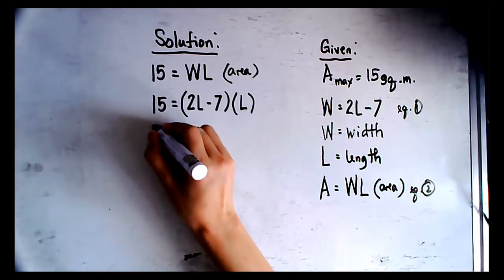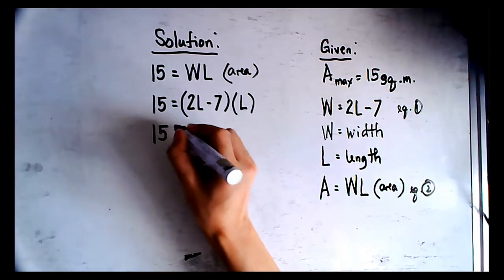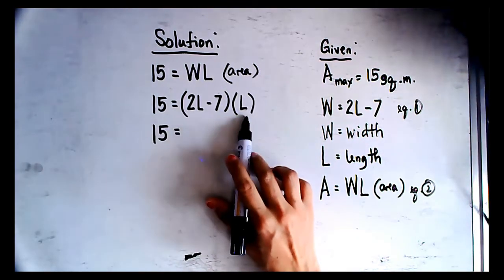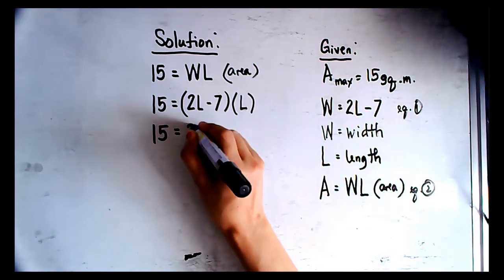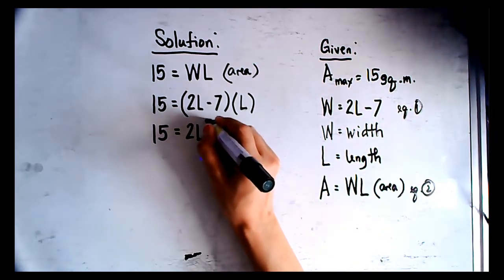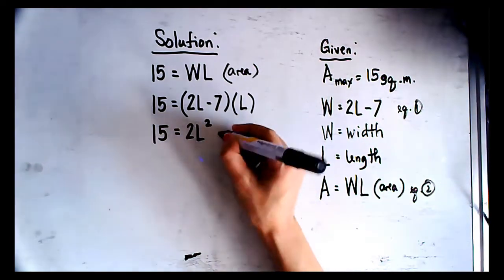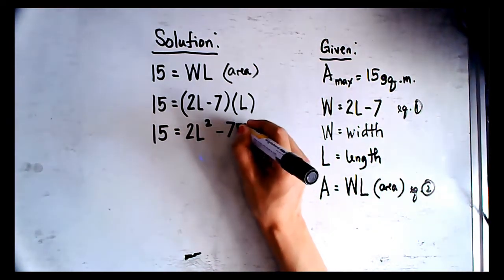If we continue operating the equation, we would have 15 is equal to 2L times L, which is 2L squared, then negative 7 times L is minus 7L.